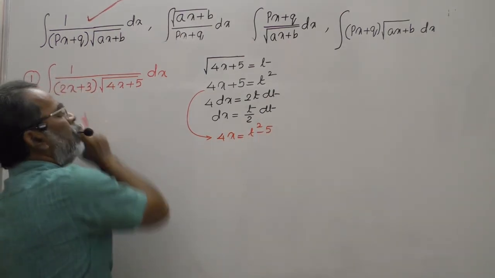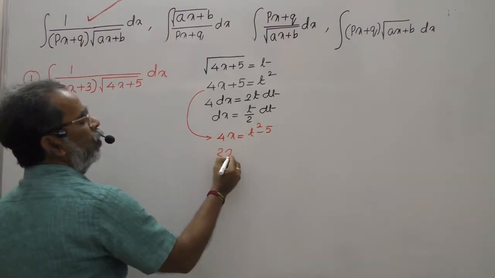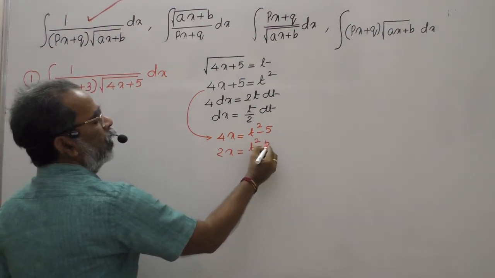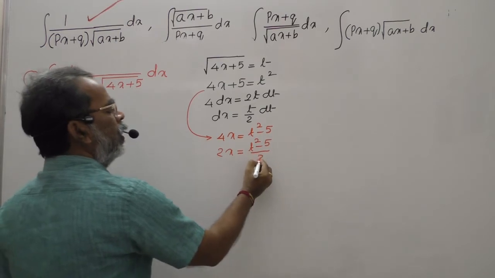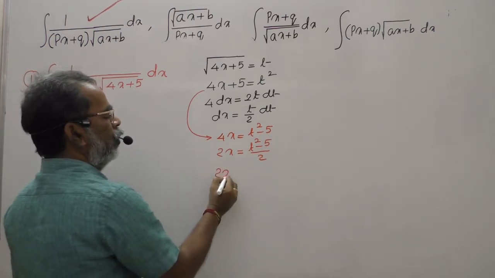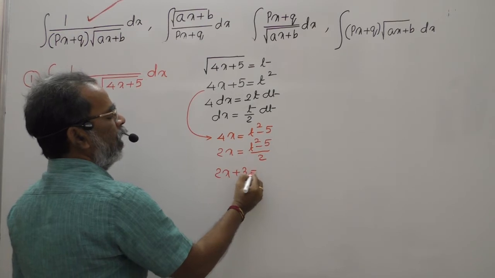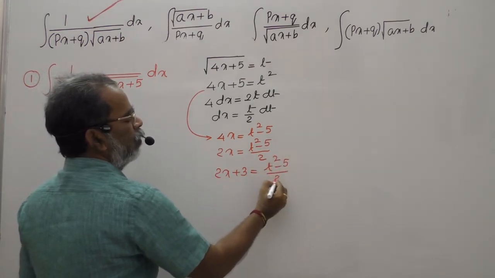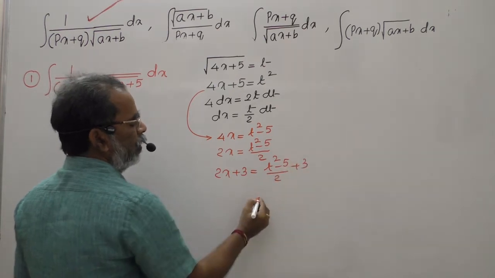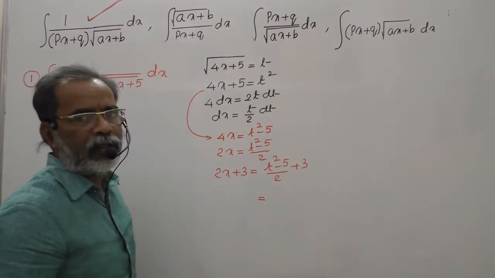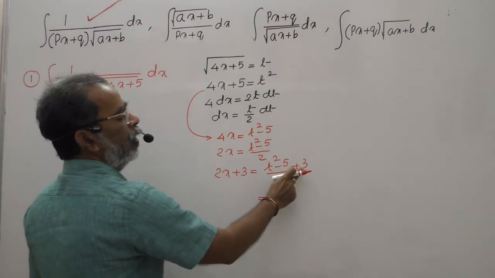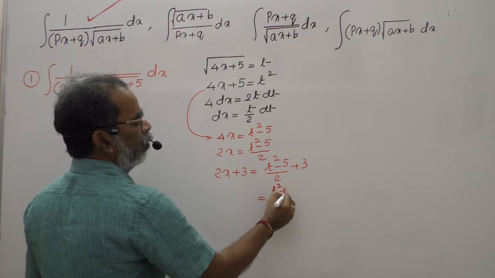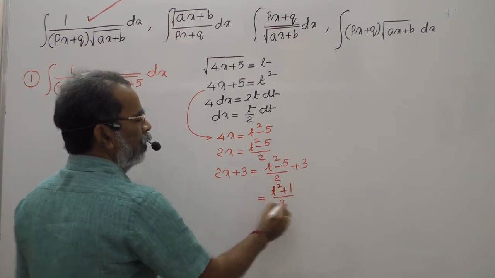I want 2x plus 3, so I write 2x is equal to (t square minus 5) divided by 2. We need 2x plus 3, therefore adding 3 on both sides, (t square minus 5) by 2 plus 3. If I take LCM, LCM is 2, here 6 will come. Therefore this is (t square plus 1) by 2.